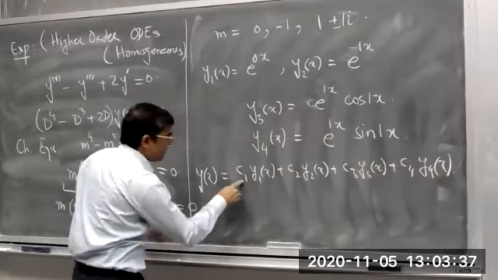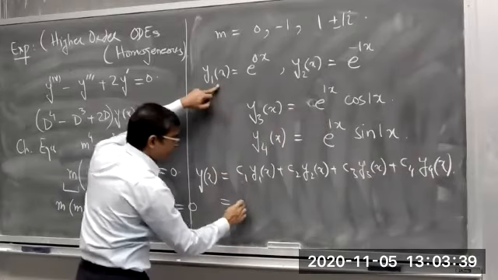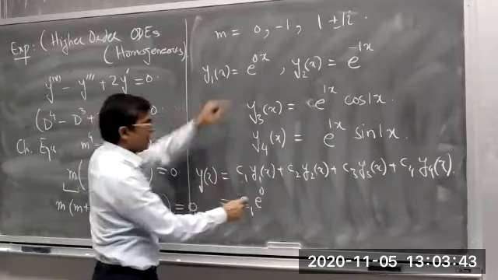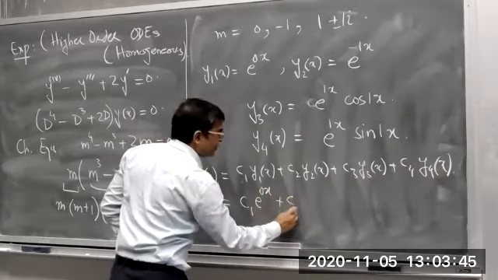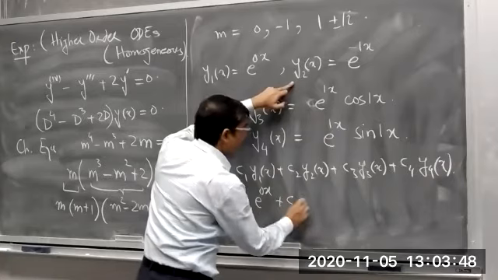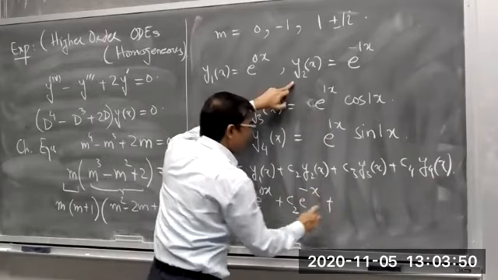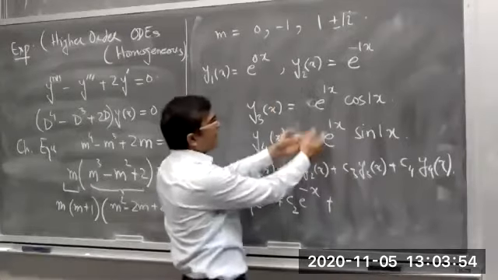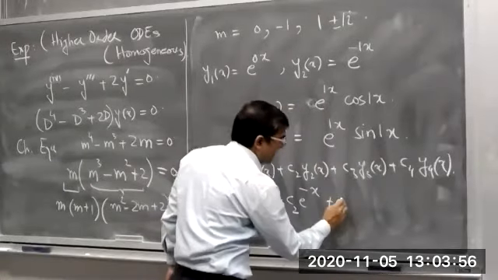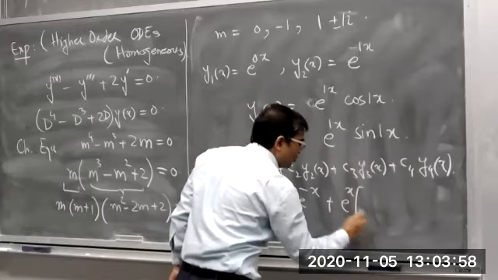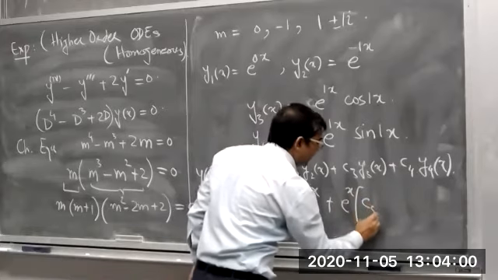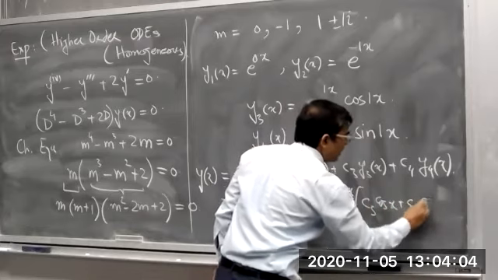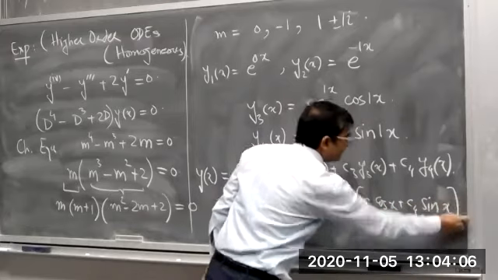So now, C1 y1 is C1 e raised power 0x, which becomes 1, plus C2, the second solution e raised power minus x, plus if we combine these two, taking e raised power x common, what will you have? e raised power x common, C3 cosine of x plus C4 sine of x.